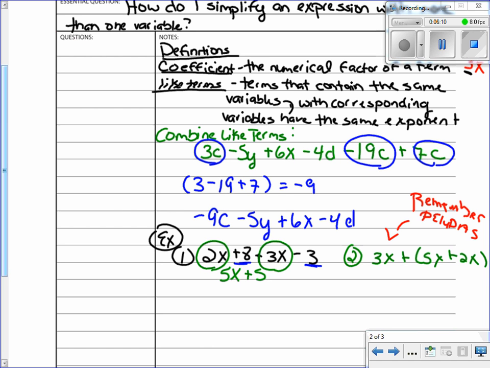So 5x plus 2x gives us 7x. So we now have 3x plus 7x. And 3x plus 7x combines to 10x. If you want to think about this literally, x could be anything. It could be apples. If I have 3 apples and then I buy 7 more apples, together I have 10 apples. So 3 apples plus 7 apples is 10 apples. 3x plus 7x equals 10x.